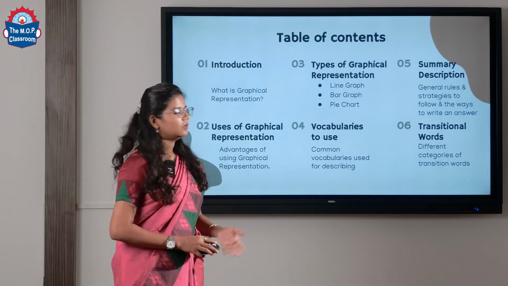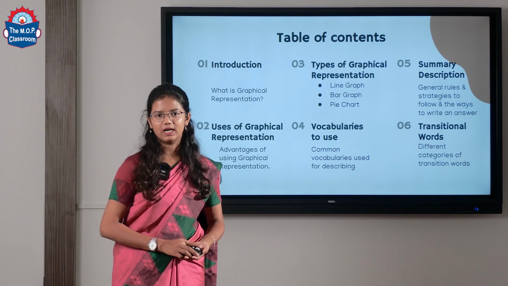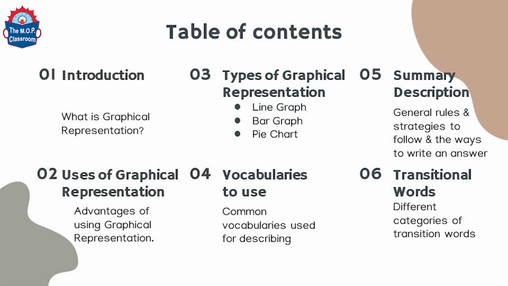Right. So, in this session, first we will start with what graphical representations are and why they are important, what the advantages of using graphical representation are, and how to properly explain a graphical representation. Then we will move on to different types of visual images. It could be a line graph, bar graph, and we will see what those are one by one.